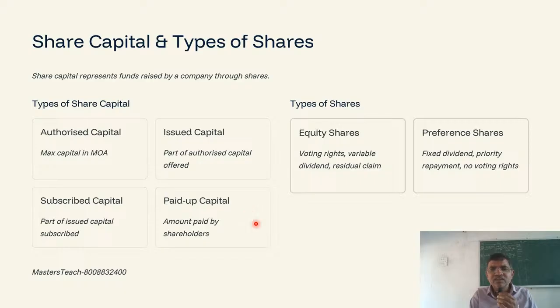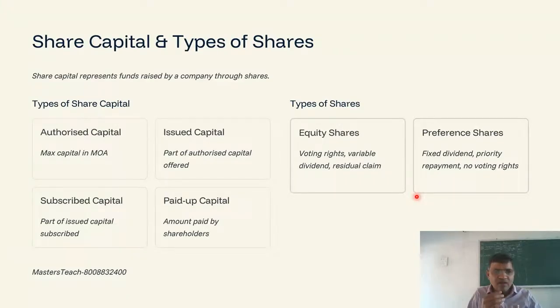Then types of shares, we already know, it is very easy: equity shares and preference shares. Broadly we can divide them. Equity shareholders have the right to participate in voting, and they get variable dividend and residual claim. Whereas for preference shares, the dividend is fixed. Even though the company gets a loss or less profit, they have to get the fixed dividend.